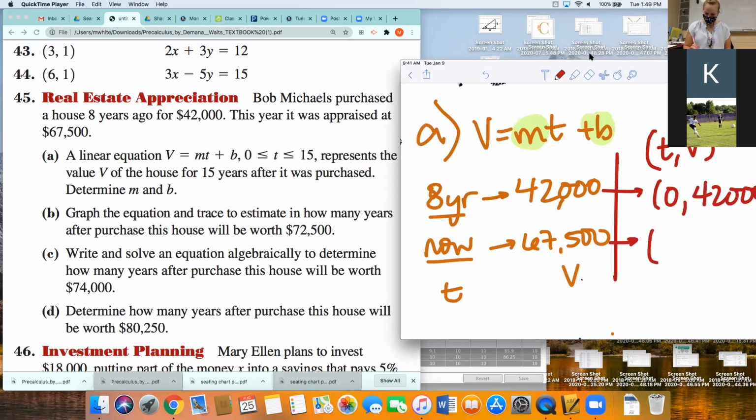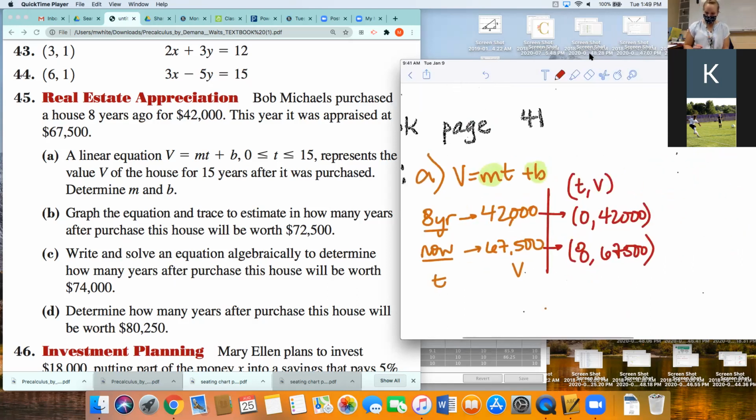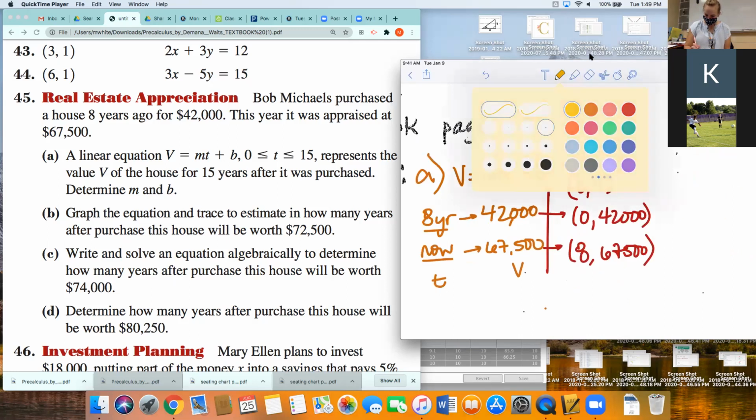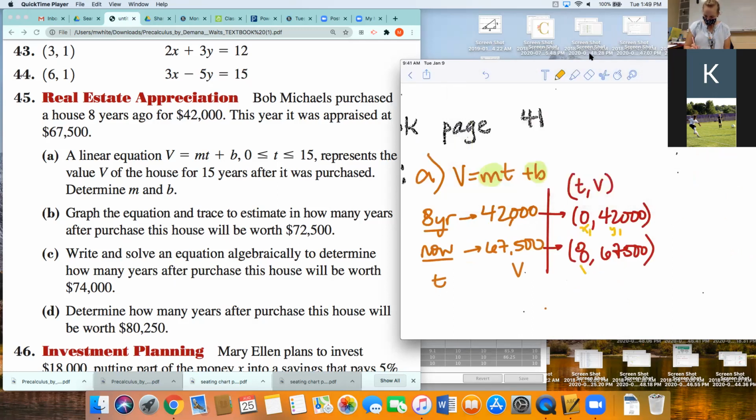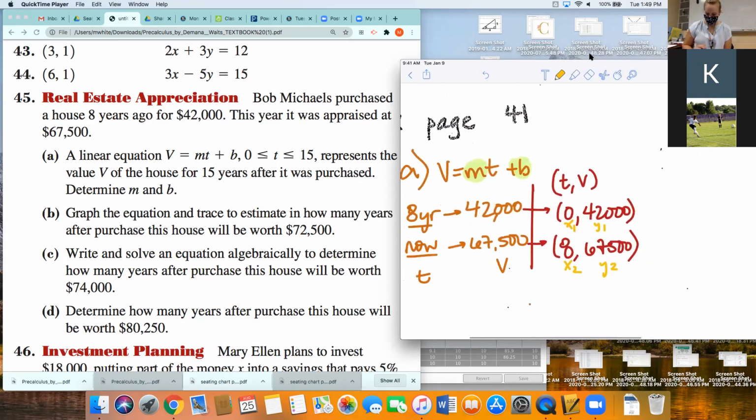And then the next is going to be 8, 67,500. If we have those 2 points, we're allowed to find slope between them, right? That would find my M. We can just go back to calling these x1, y1, x2, y2. And then we would solve.